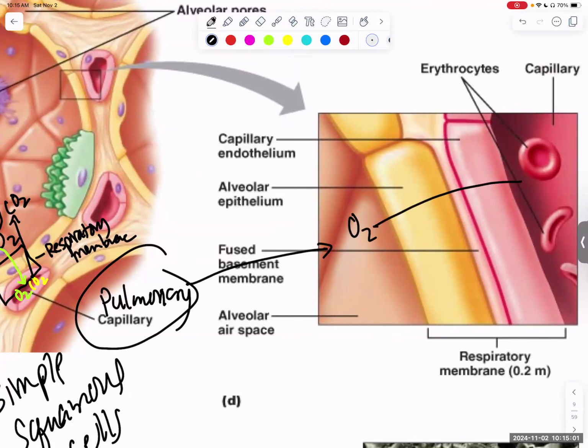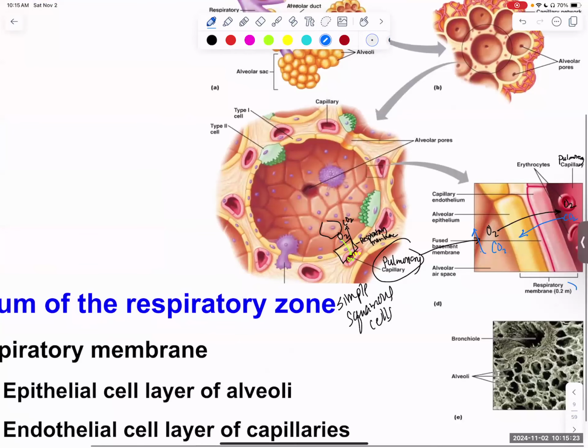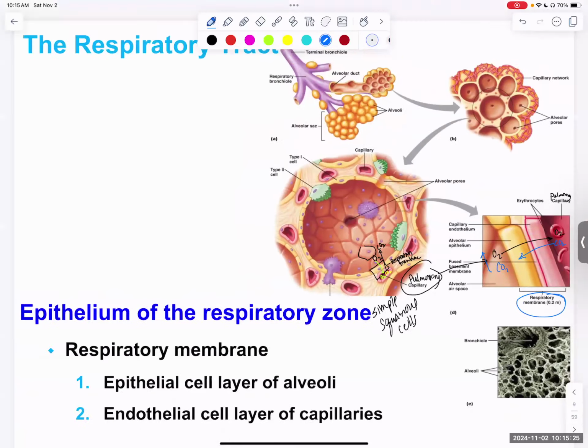oxygen here, going here to load up into the red blood cells in the pulmonary capillary. On the flip side, you have CO2 going this way, and it's going to then get blown out. Respiratory membrane is extremely thin. Why?